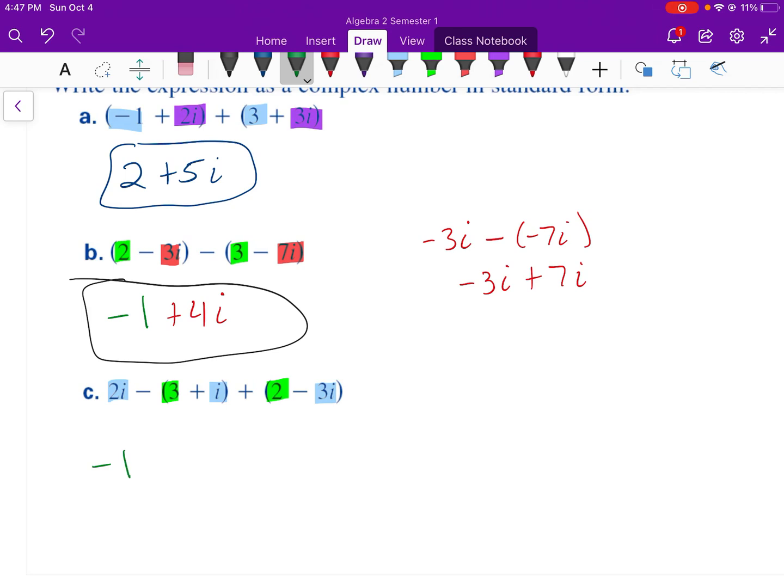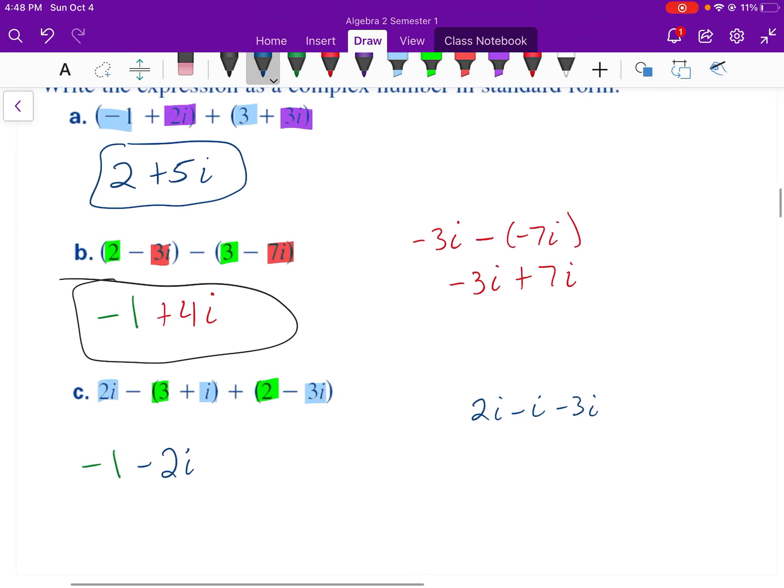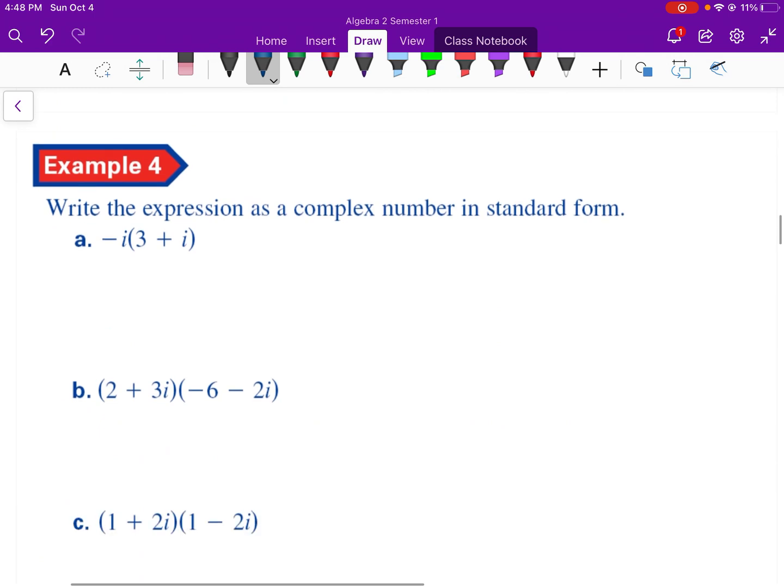And then for our imaginaries, 2i minus i, so let's write that out, 2i minus i minus 3i, because we're adding the -3i. So there we get -2i, so -1 minus 2i in that case. So when you're doing that, in standard form, real, then imaginary, and make sure you are being careful with the signs.